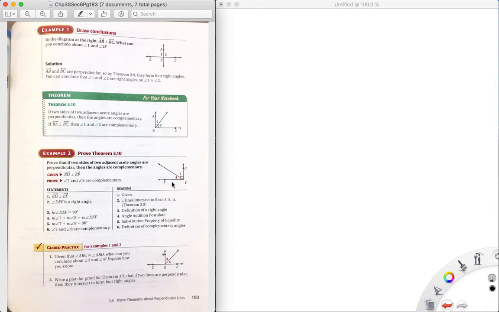Either one is correct. They're sort of interchangeable. If it's a right angle, then it equals 90 degrees, definition of right angle. Angle addition postulate, I know that angle 7 and angle 8 equal DEF. Therefore, I can substitute 90 for DEF and say that 7 and 8 equal 90 degrees, and if they equal 90 degrees, then they're complementary. Definition of complementary angles.